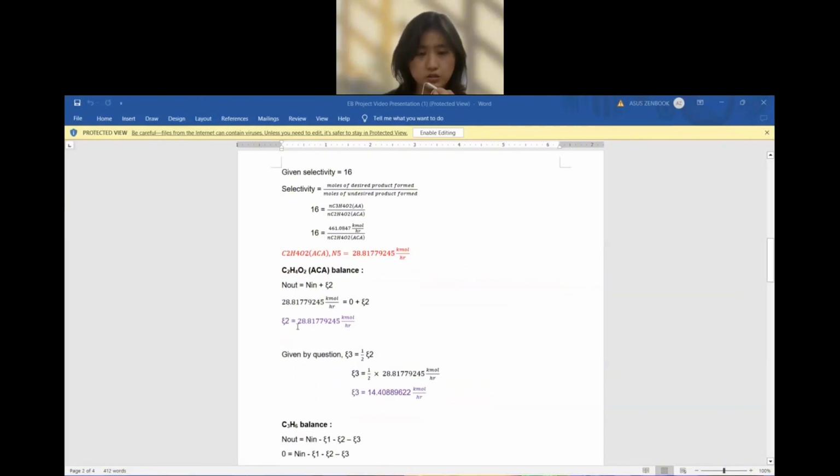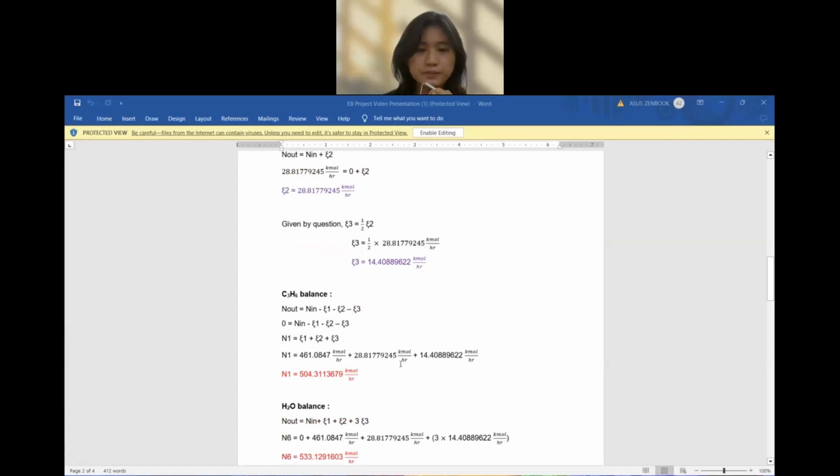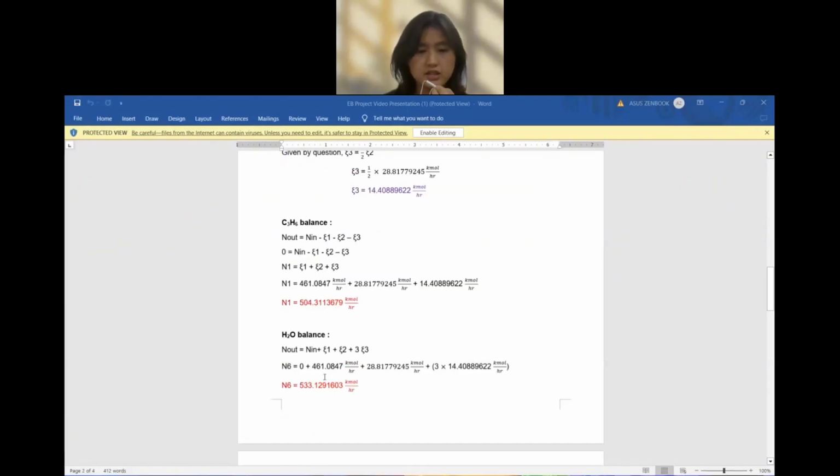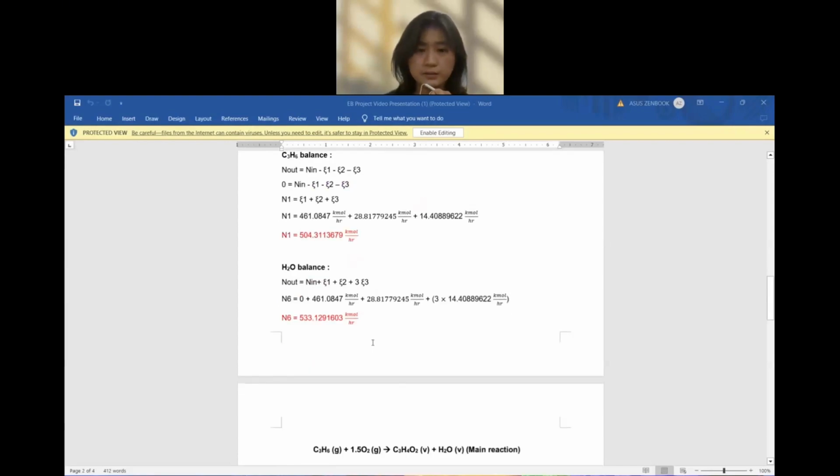Using the extent of reaction method for the ACA balance, we obtain extent 2, followed by extent 3, because the question stated that extent 3 is half of extent 2. After finding extents 1, 2, and 3, we can do the propylene balance and H2O balance, so we obtain N1 and N6 respectively.